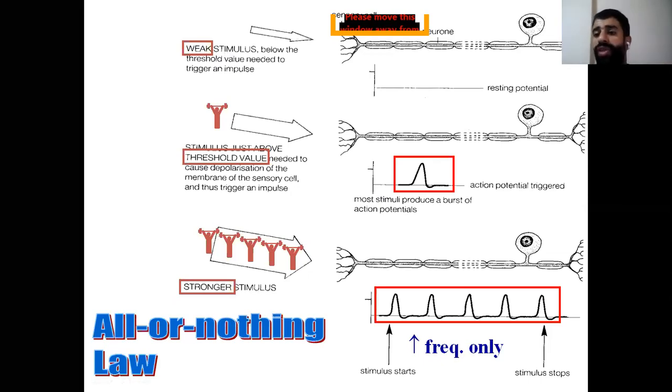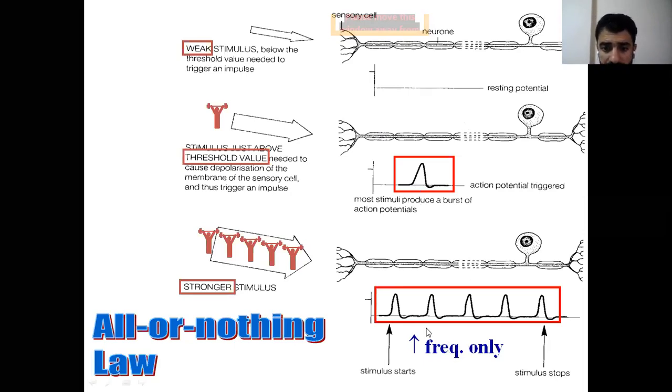So you have to know the law that is obeyed by the nerve fiber. The nerve fiber obeys the law of all or none. Either we have an action potential or we don't have one at all.